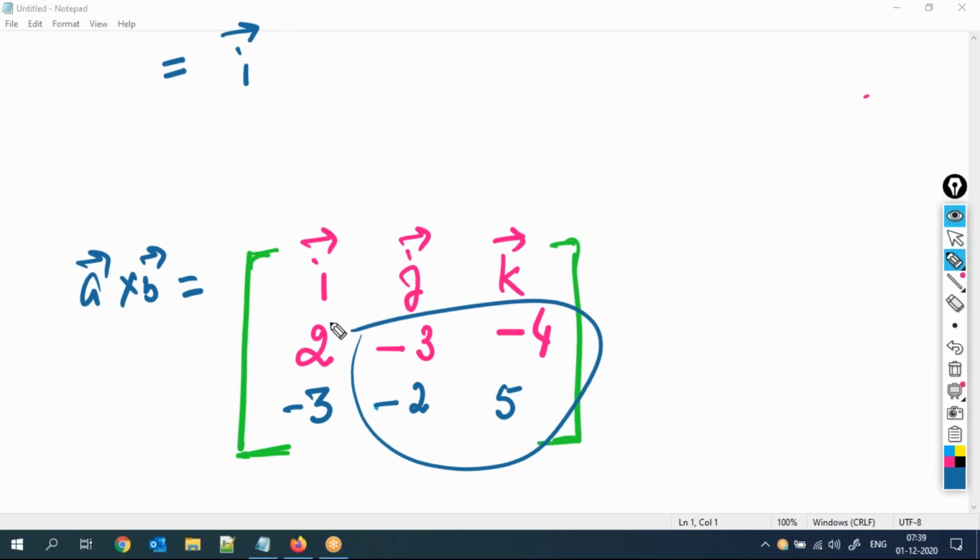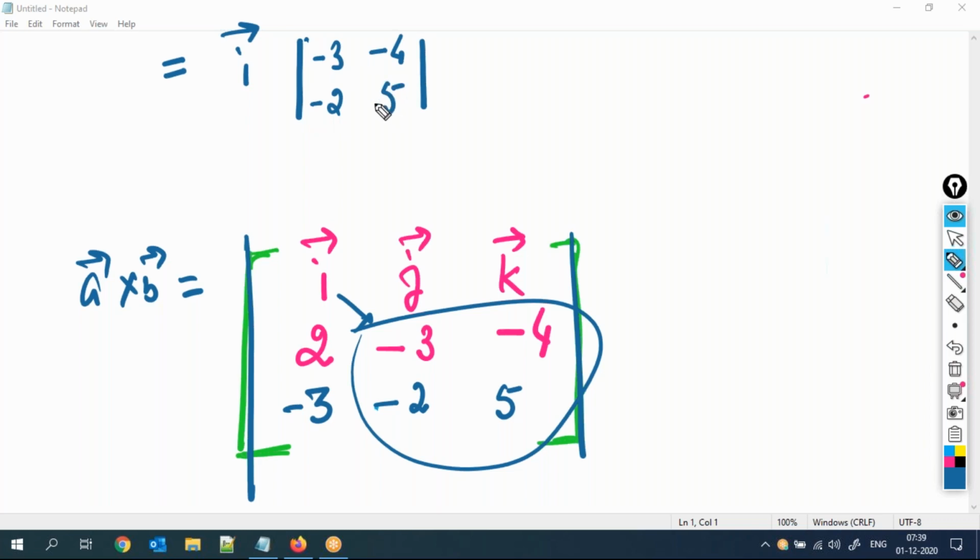Leave that row and column. So what will that be? It will be -3, -4, -2, and 5. Any question, anybody? No, sir.